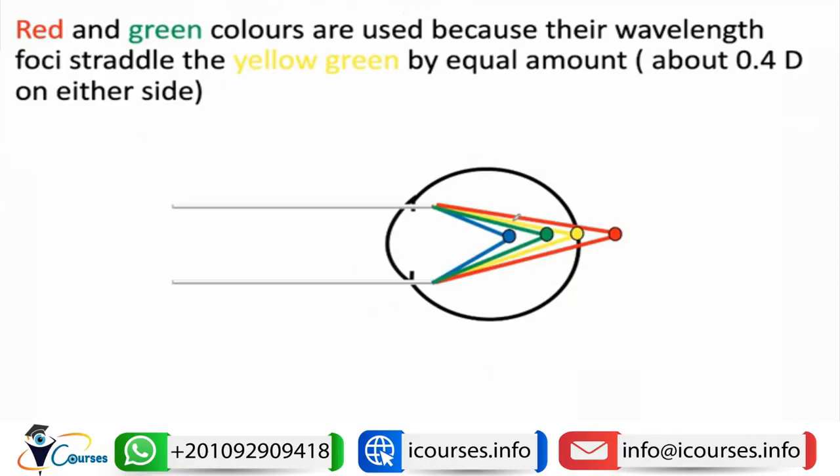Although the blue will tend to deviate more than the green, the red and the green straddle the yellow light by equal amounts, meaning that they are separated from the yellow color, which is focused on the retina, by a similar amount of 0.4 diopters, so that when we compare the brightness of the red and the green color, the patient's response will not be biased by the relative distance of the different colors from the retina.